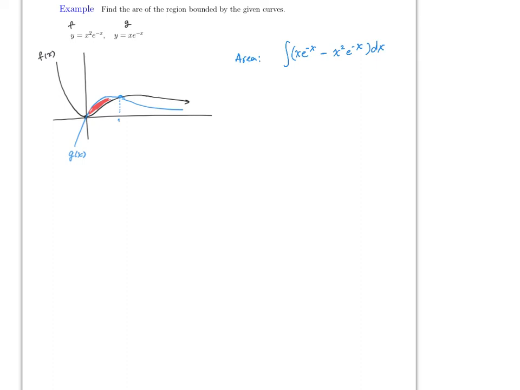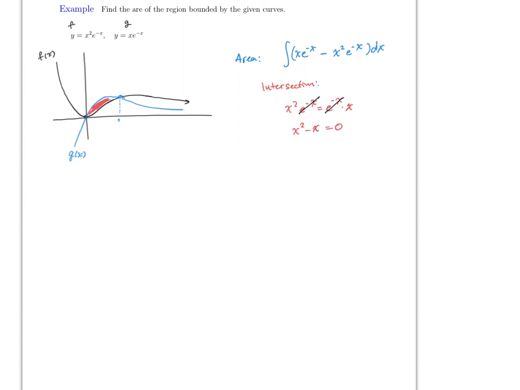Remember, we still need to find the intersection, just like we did before. So for the intersection, you set the two equal to each other. Now, since e to the x is never going to be 0, you can cancel them out because you're not dividing by 0.